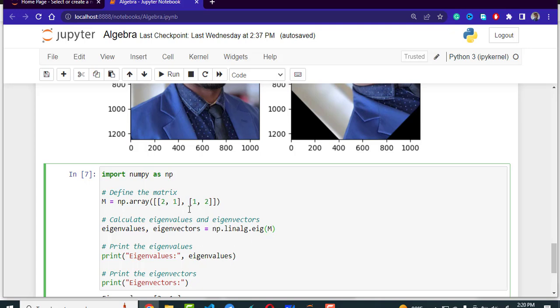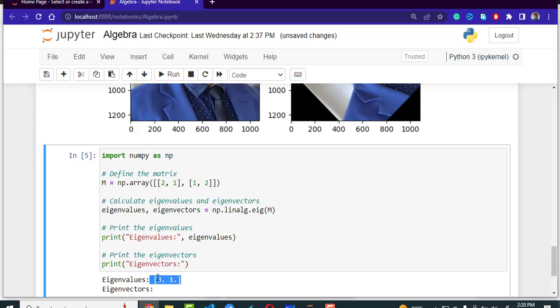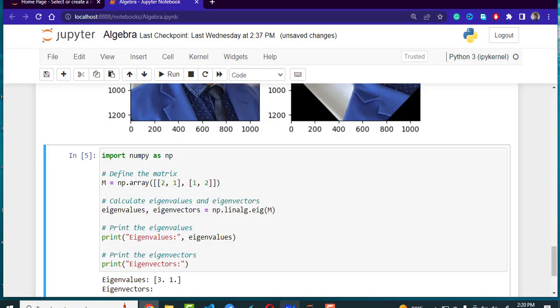By running this line of code, we can see the eigenvalues, which are the ones we solved for in our solution, 3 and 1. Python managed to display that too.